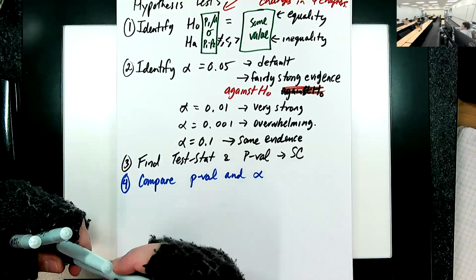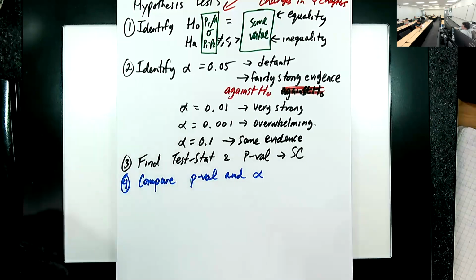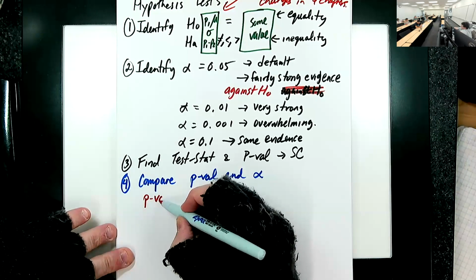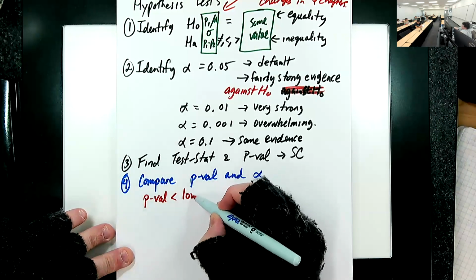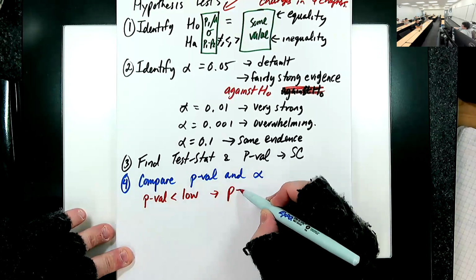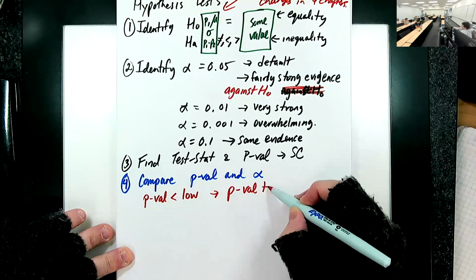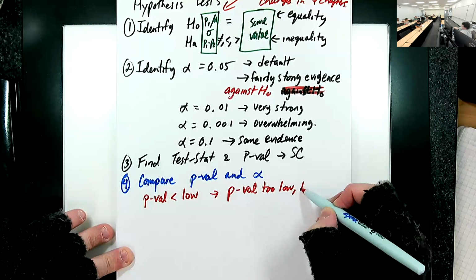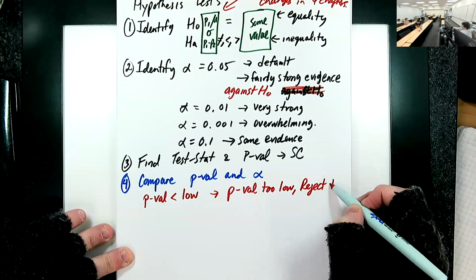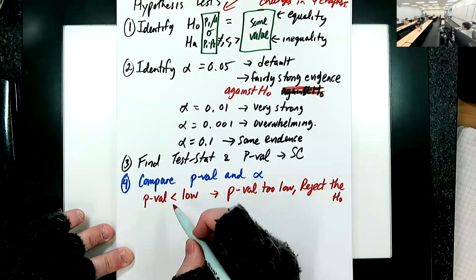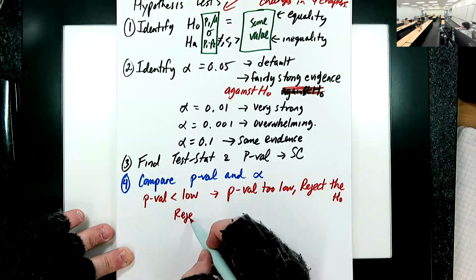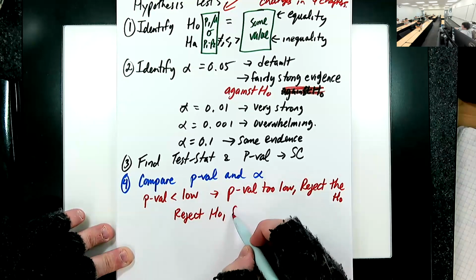If the p-value is less than alpha, p-value too low, reject the H naught. We reject H naught, support HA.